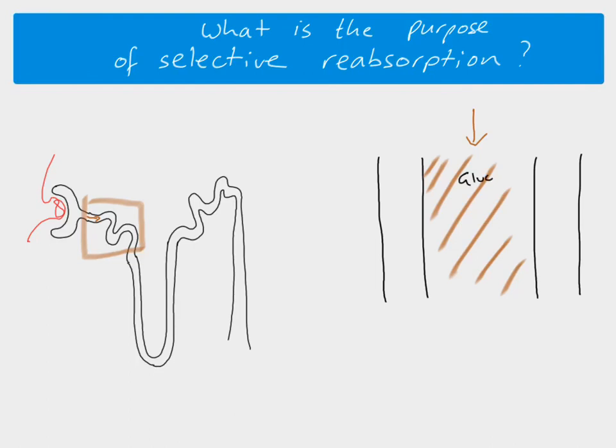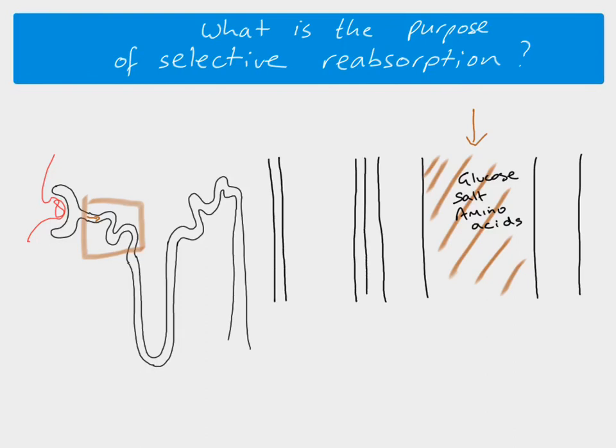In this filtrate are various substances, things like glucose, salts, amino acids, and the body does not want to lose all of these to the urine. So the purpose of selective reabsorption is to take these substances which are in the filtrate, which were filtered through during ultrafiltration, and move them back into the blood.